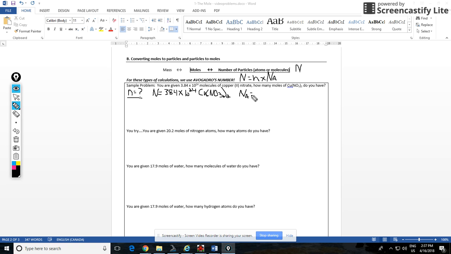Avogadro's number, which is 6.022 times 10 to the power of 23 particles per mole. Now, I'm going to change particles to what we're dealing with. The particle in particular is Cu(NO3)2 per mole.